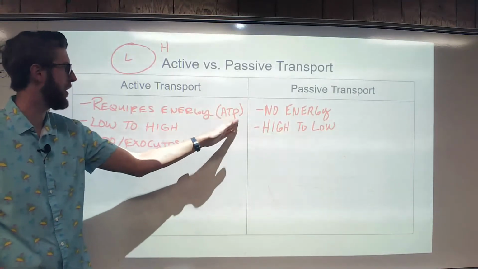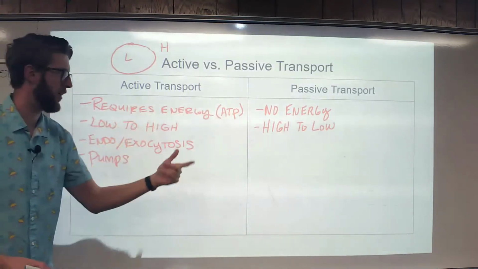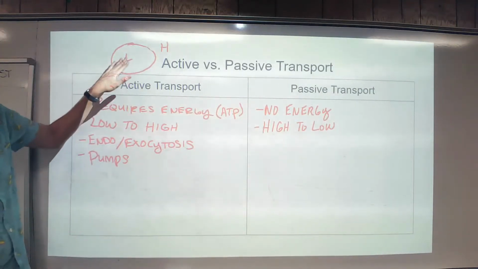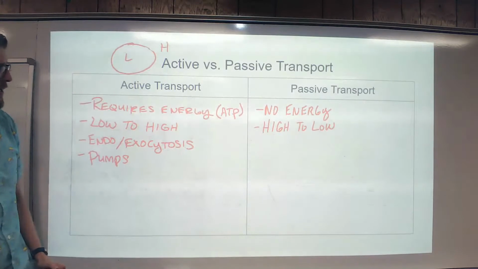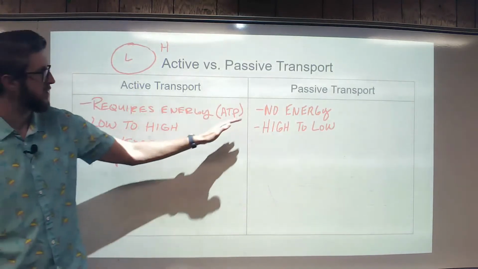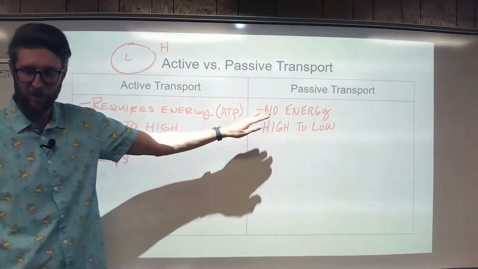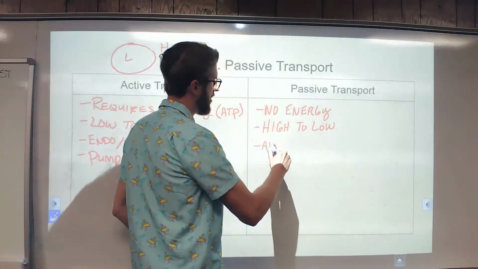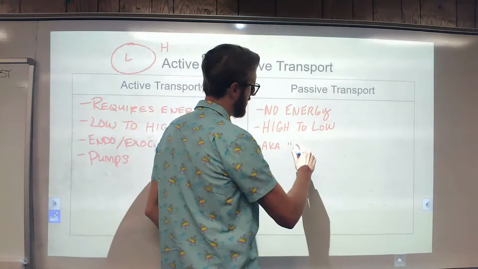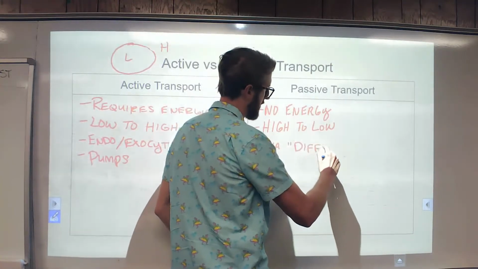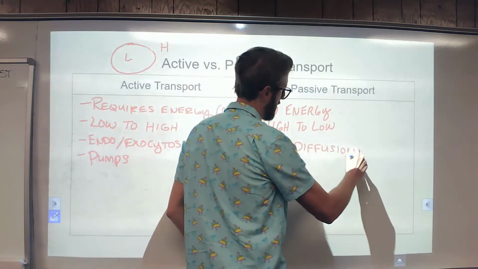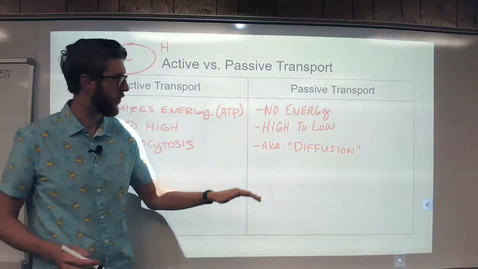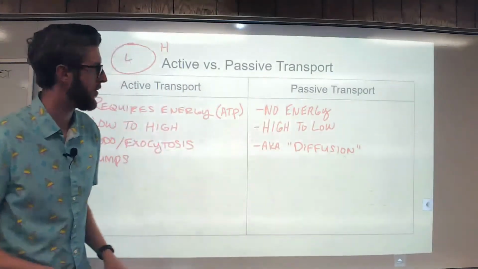Okay, so ATP is the energy that your cells are going to use to pump things from a low concentration to a high concentration. Okay, so passive transport does not require energy. It goes from high to low, and this is also known as what we call diffusion. Okay, so diffusion is just another name for passive transport.